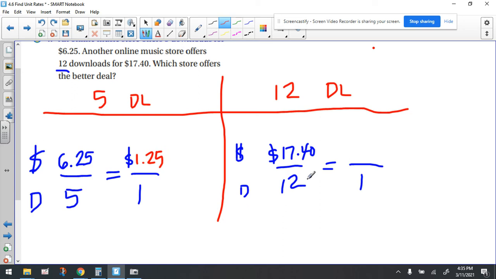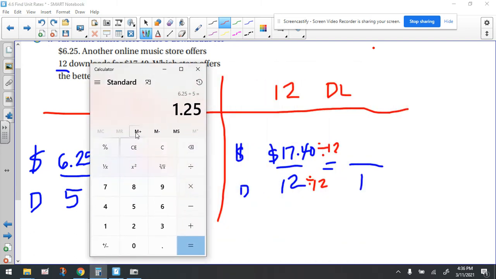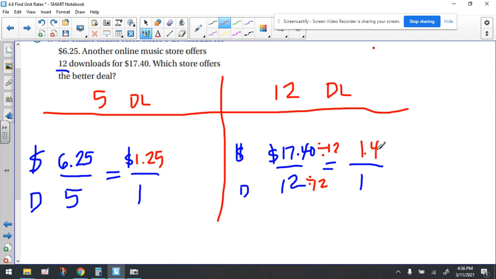And for this one, in this case, we're dividing by 12 to get that numerator. So let's get out the calculator and do that. Let's move this over here now. Let's clear this. 17.4, which is the same thing as 17.40, divided by 12 equals, and we get $1.45 per 1 download.